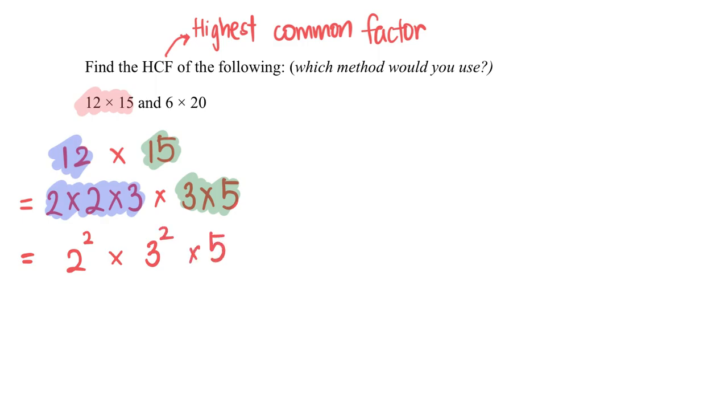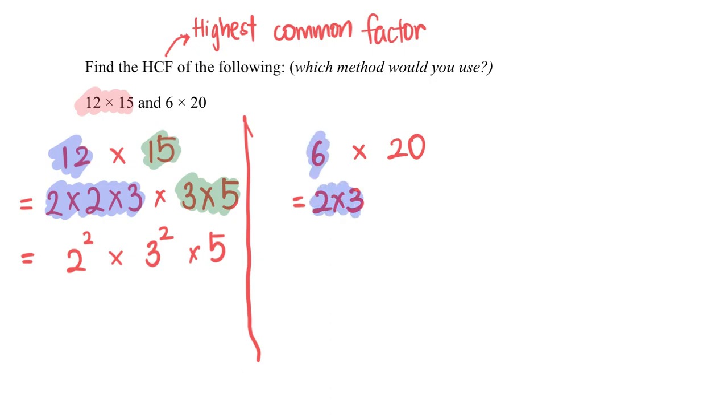Let's move on to the other one. 6 and 20. I could write it as 2 times 3. That will be for the number 6, the prime factors.